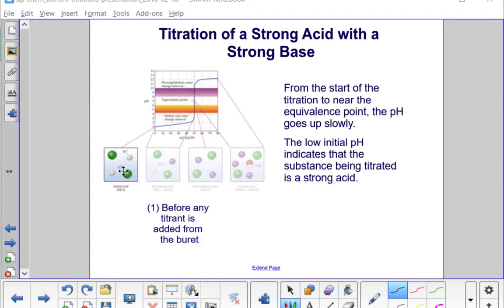Okay, so step 1 is over here, initially, before any titrant is added. So there's no milliliters of NaOH being added. From the start of the titration, all the way to near the equivalence point, so from here to here, the pH goes up slowly. The low initial pH, for this it's right around 1, indicates the substance being titrated is a strong acid.